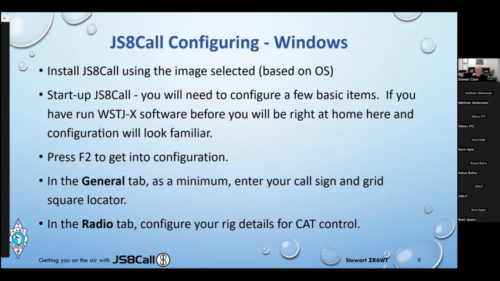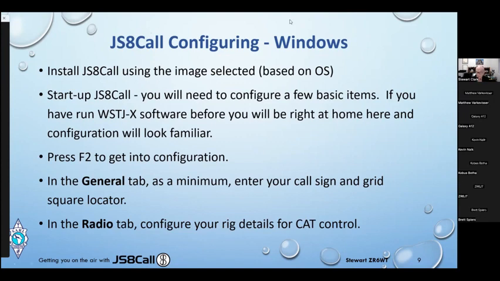So you would install JS8Call using the image selected based on your OS, and then you start up JS8Call, and you'll need to configure a few basic items. And if you've run JS8X software before, you'll be right at home here, and the configuration will look familiar. So we're going to press F2.